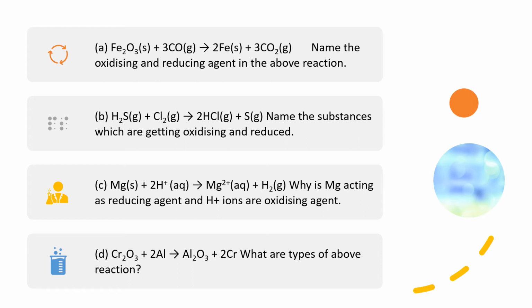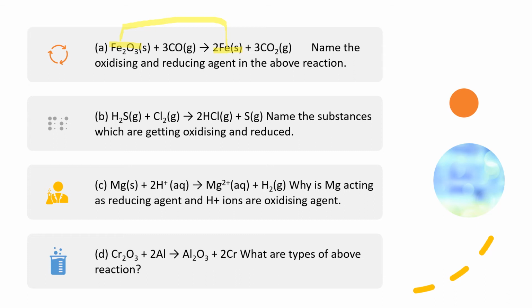You know what we mean by oxidizing agent and reducing agent. The reducing agent helps in the reduction and the oxidizing agent helps in the oxidation. So here Fe2O3 gets converted to Fe. Fe2O3 loses oxygen.